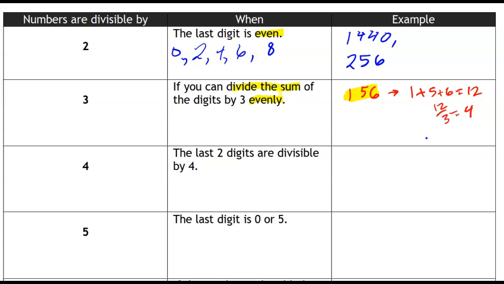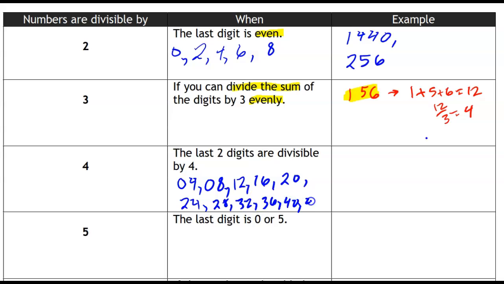For 4, it has to be the last 2 digits. So for 4, you pretty much stop at a certain point. We can say 0, 4, 8, 12, 16, 20, 24, 28, 32, 36, 40, 44, and then after that it gets a little problematic because the numbers start getting larger.